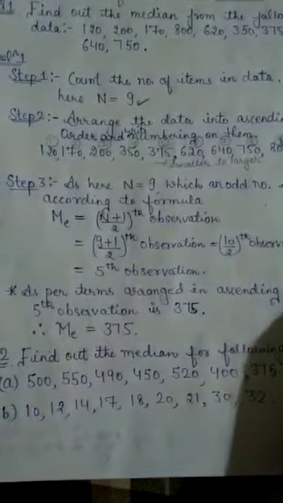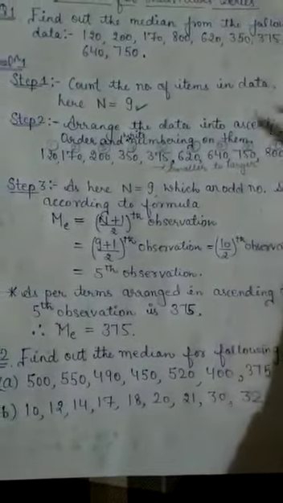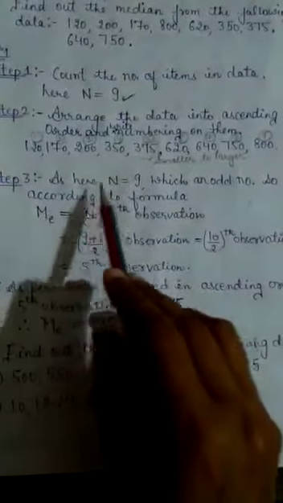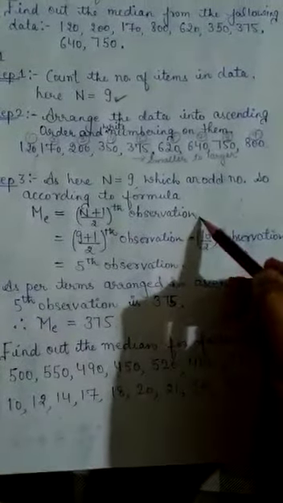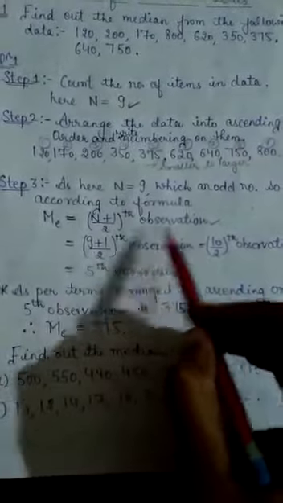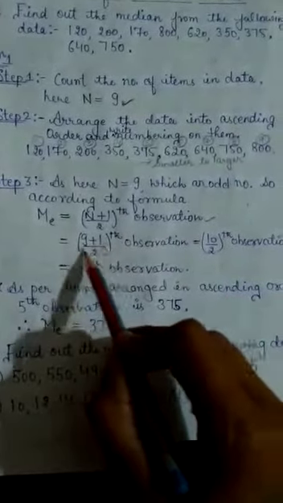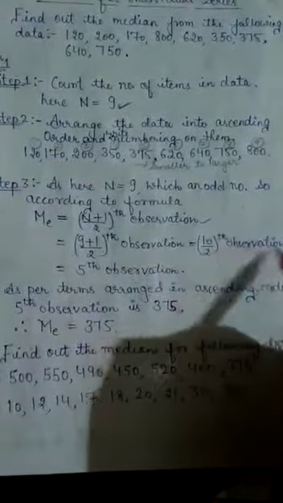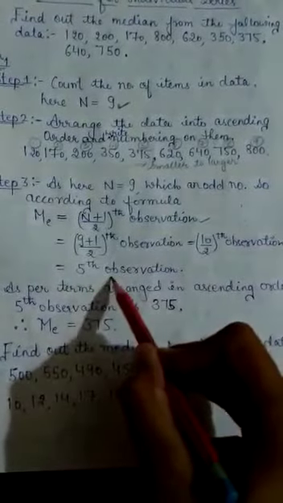While numbering also we find that we have arranged all 9 values. Now in step 3, as here n is 9, we have to use this formula, n plus 1 upon 2th observation. What is n? 9. 9 plus 1 upon 2, 9 plus 1 is 10, 10 by 2th observation means the 5th observation.